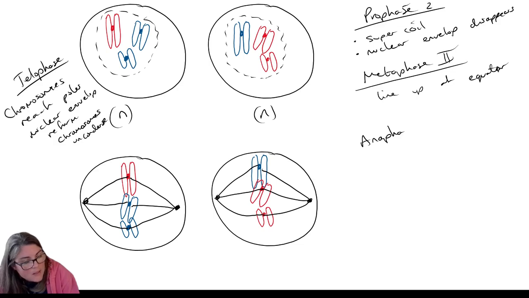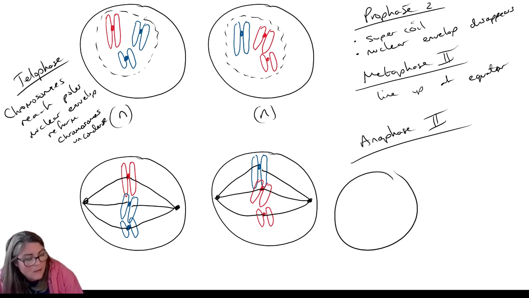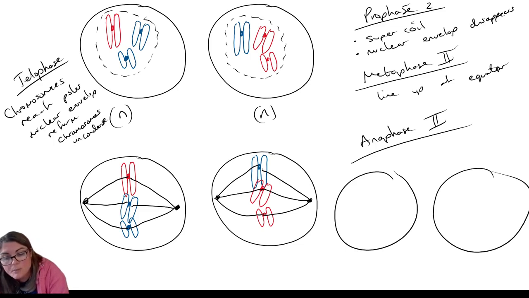Anaphase 2 is where we're going to separate my chromatids. So therefore, they are going to be pulled in opposite directions.